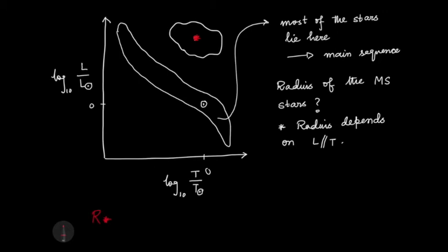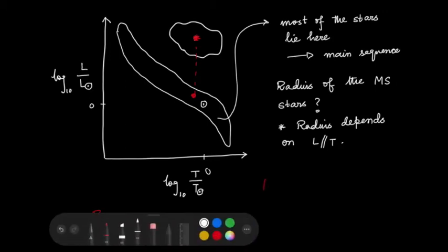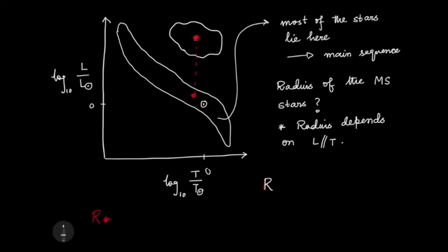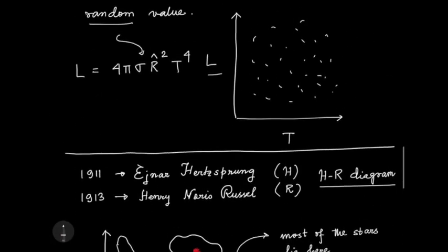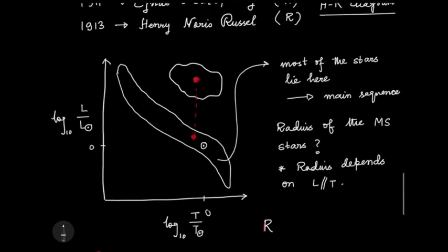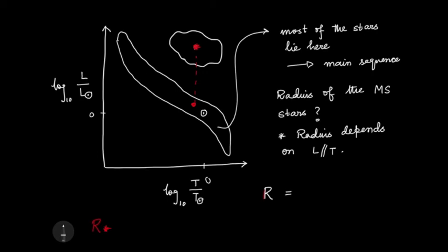So what is the radius of this star? If it had lain on the main sequence, its radius could have been there, right? Now I can calculate the radius of any star in the following way. Just inverting this relation, it will be the square root of L by 4 pi sigma T to the 4.